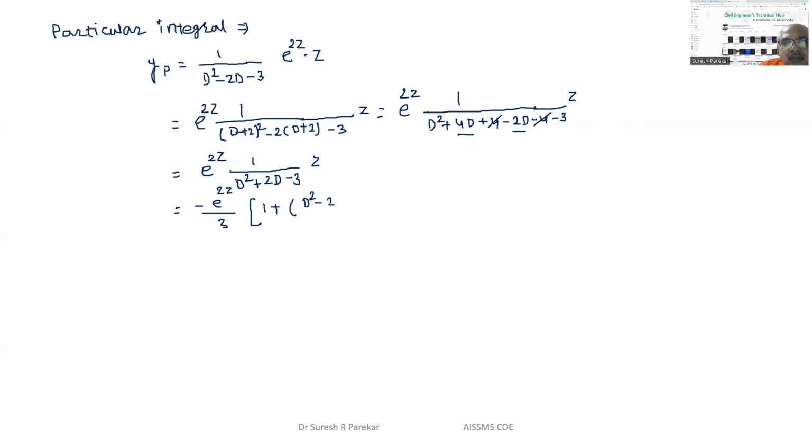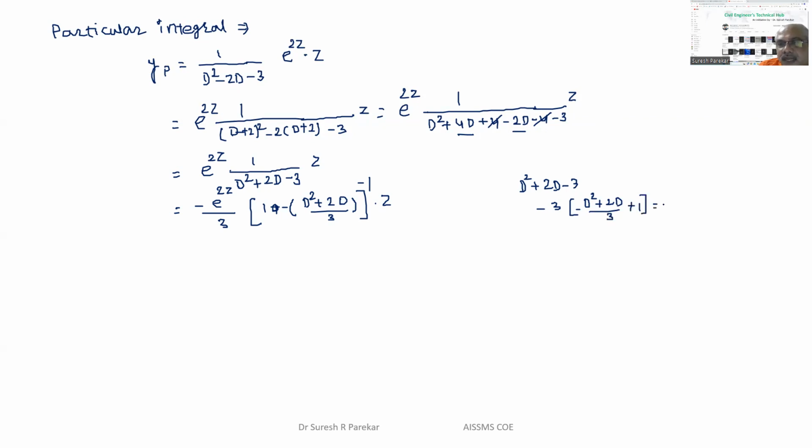So d square, sorry, this will be 1 minus d square plus 2d upon 3 and to the power minus 1 into z. Because this d square plus 2d minus 3, if I will take minus 3 outside, then we have d square plus 2d upon 3. This will be with minus sign plus 1.